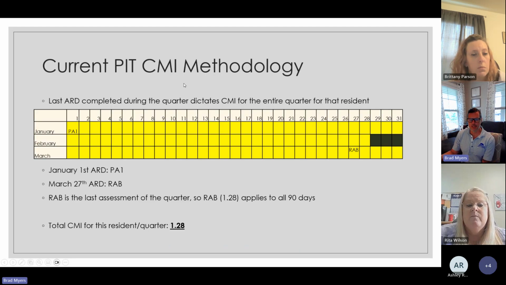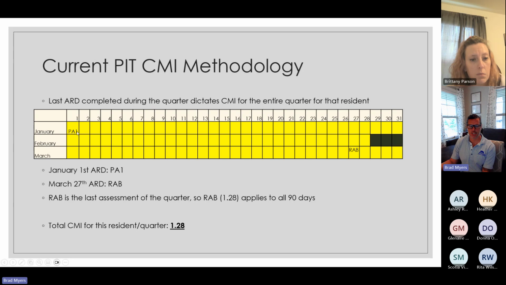So this is the case mix methodology we had before the current one. We had this quarter, in this case January, February, and March. Let's say that MDS did an assessment on January 1st, and this resident scored a PA1, which is the lowest of the RUGs.